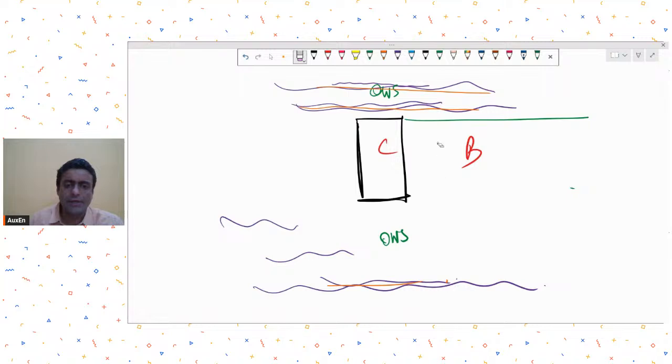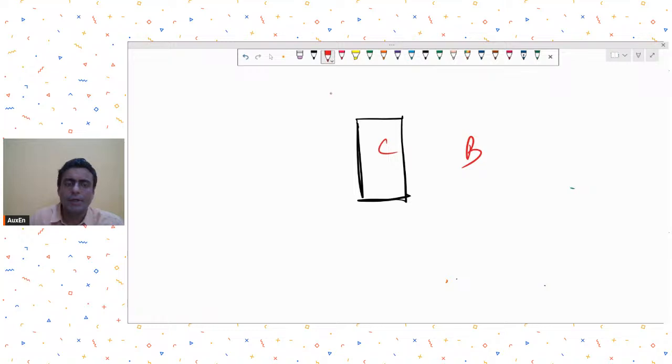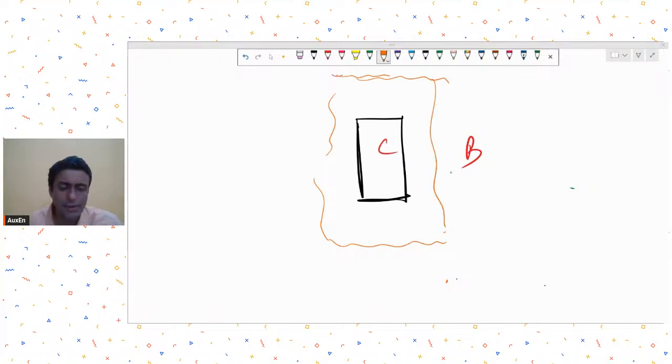Now suppose you had a case where you had a column and you did not have any beam. In this case, because of the absence of any stiff element like a beam, the shear contours will be all around and form a closed perimeter around the column. In this case we will call it a two-way shear.